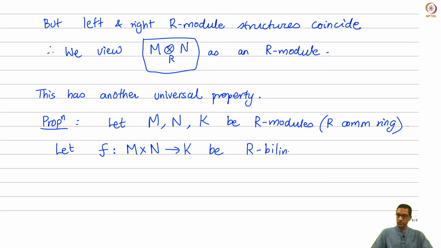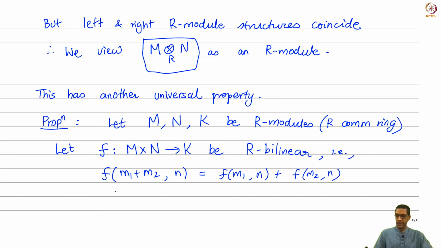Now what does this notion of R bilinear mean? So far we have only talked about Z bilinearity and the notion of R balanced maps. This is a little bit more than those notions. So what does R bilinear mean? It's Z bilinear, so f of m1 plus m2 comma n is the sum, and the other way around, m comma n1 plus n2.